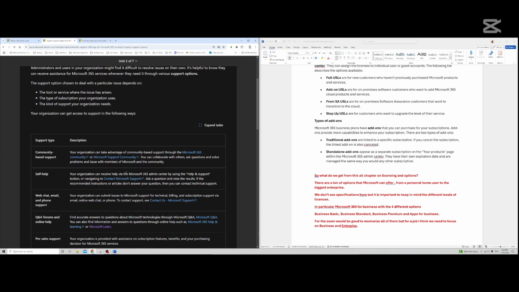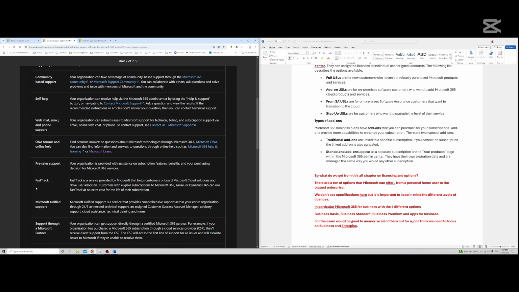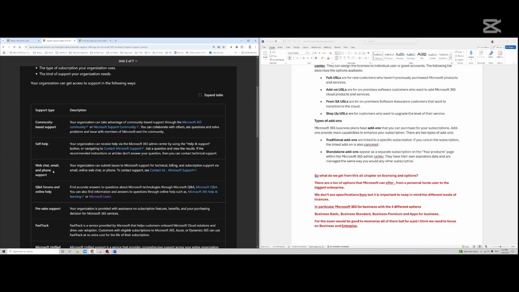So yeah, we go to support from the community. See here, your organization can receive help via the Microsoft 365 Admin Center by using the Help and Support button. If the recommended instructions don't answer your question, then you can contact technical support. So they have a page as well. You can email them, phone them.